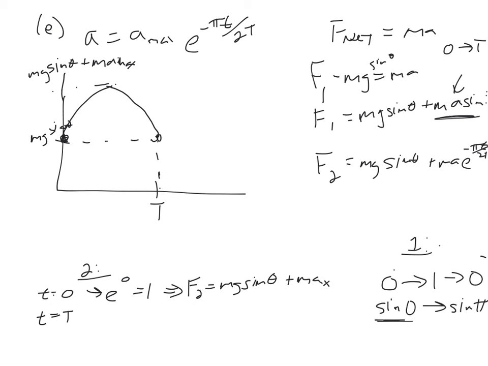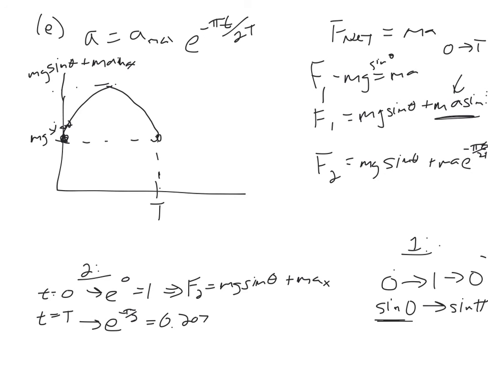And then when little t equals big T, this ends up being e to the negative pi over 2, which ends up equaling some fraction, like 0.0207.